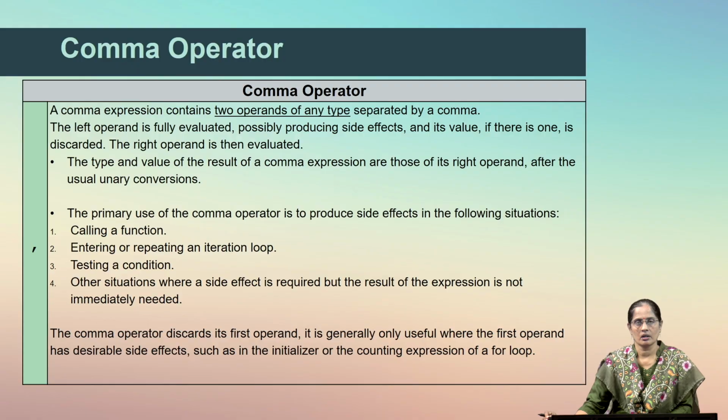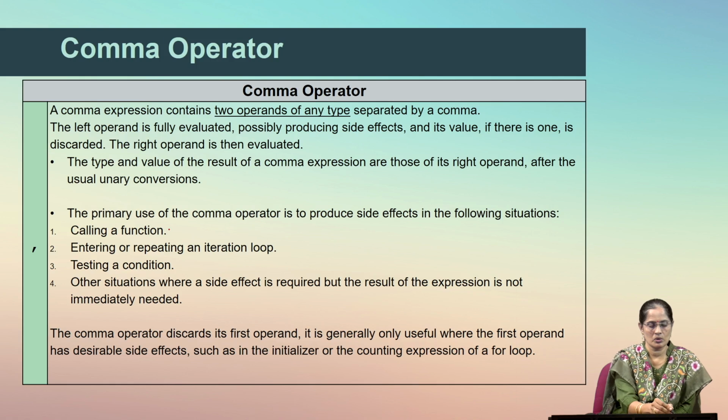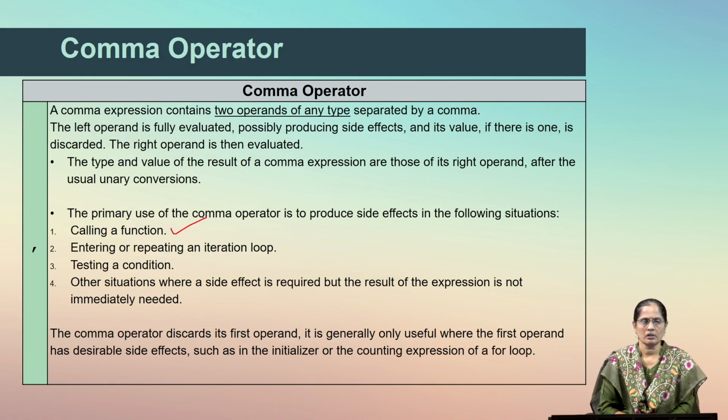The comma operator contains two operands of any type separated by a comma. We use the comma operator in various situations. At the time of calling a function, we separate the arguments using the comma operator.